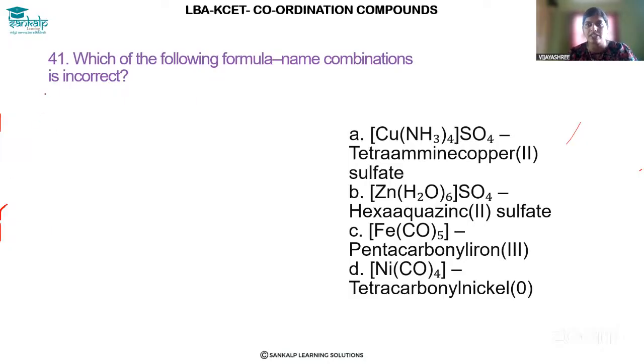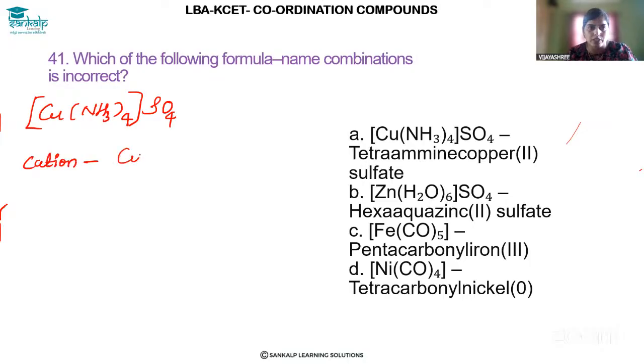Okay, we will check option A. Copper, NH3 4 times, SO4. Here, this is the complex cation.